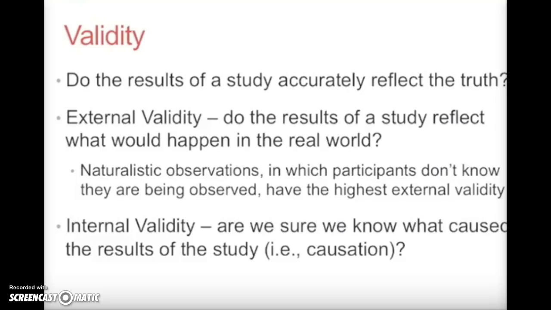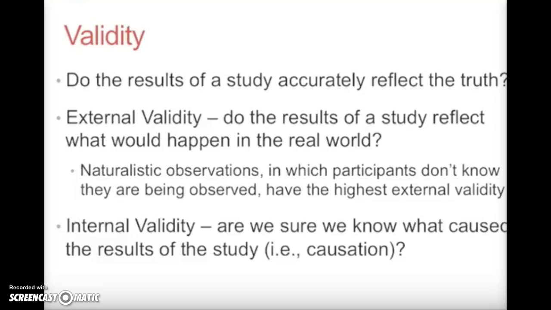So then what we need to do is find out the causation, and we can do this through several research designs, and the first would be this idea of experimental research designs.